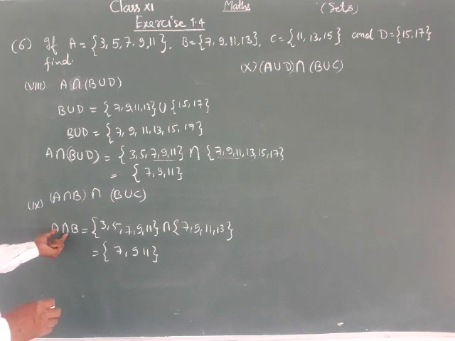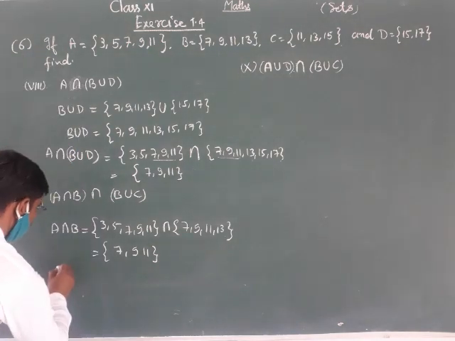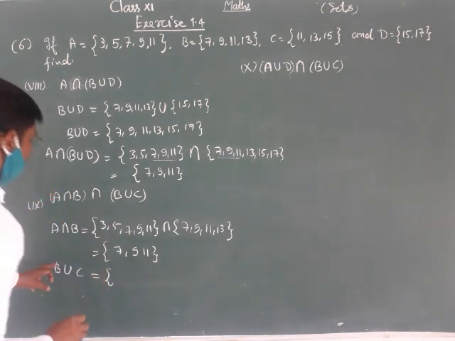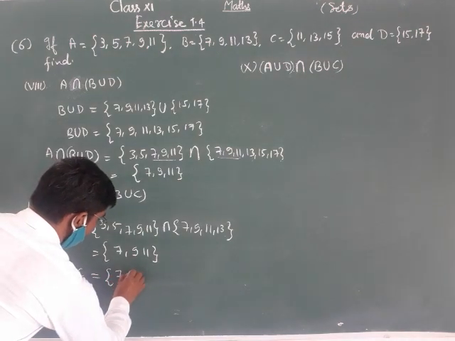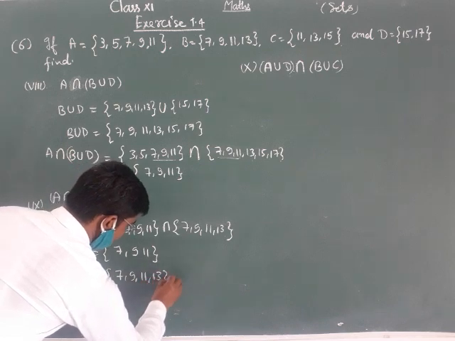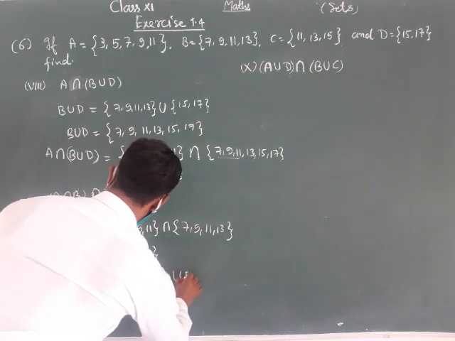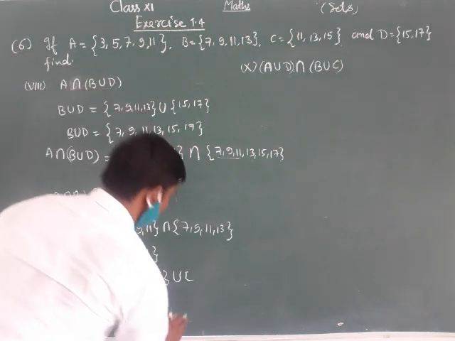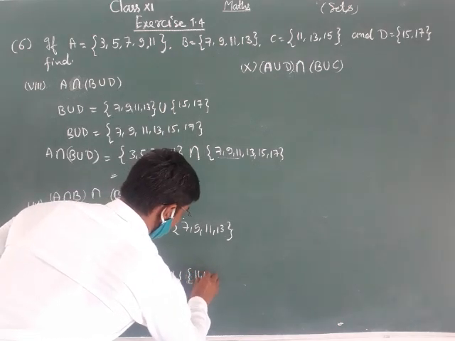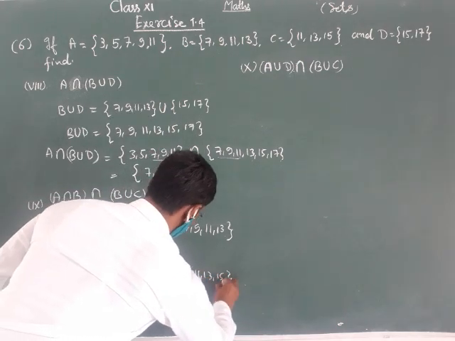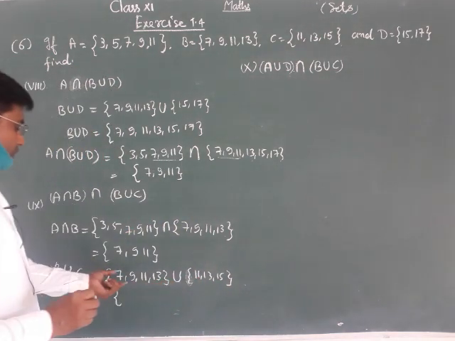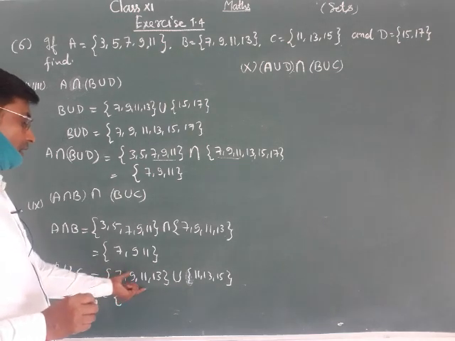So A intersection B and B union C: B has elements 7, 9, 11 and 13, union C has elements 11, 13 and 15. For union, write all those elements of set A or set B.